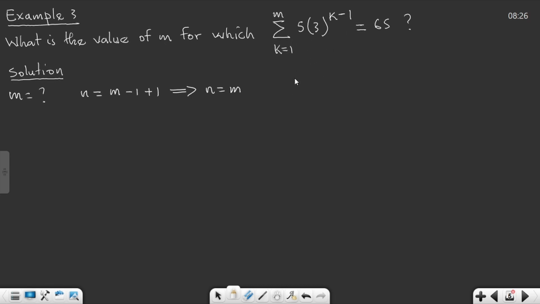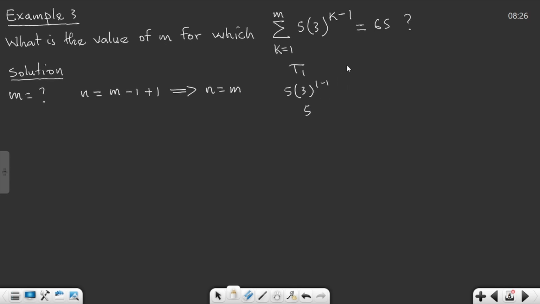So what type of series will this be? Let's see, what is T1? T1 will be 5 times 3 to the power of K, where you replace K with 1. So it's 1 minus 1, and this is 0. Anything to the power of 0 is 1. 1 times 5 is 5.